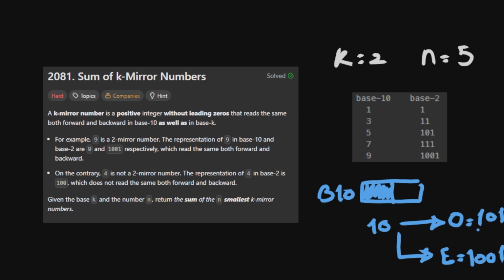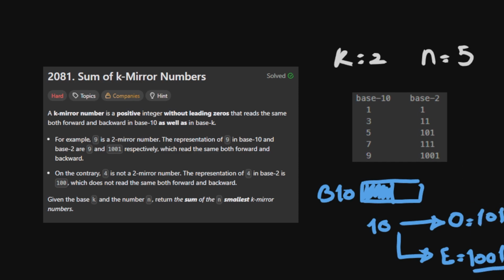And then we will take each of these and check if the base 2 representation of each of these is also a palindrome or not. And if we take this, for example, and the base k representation of this is also a palindrome, we add this to the result.